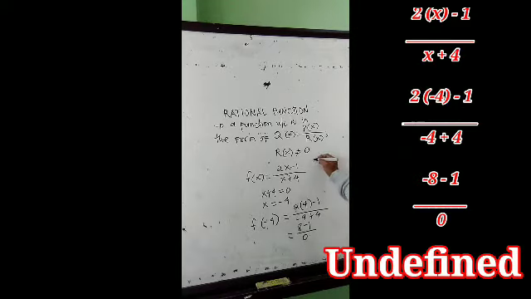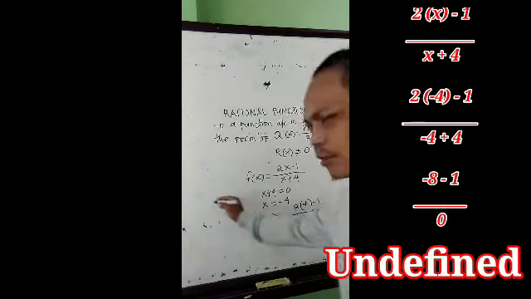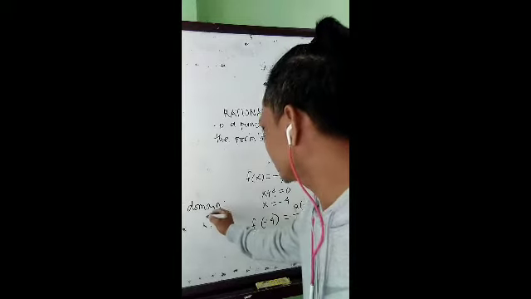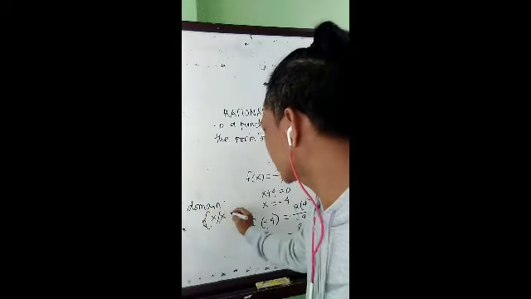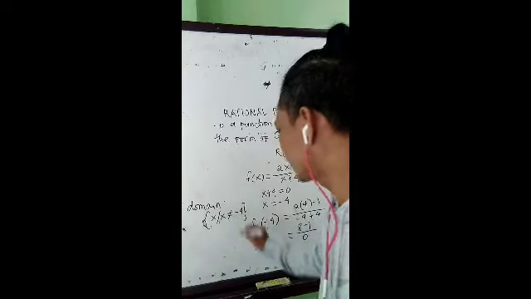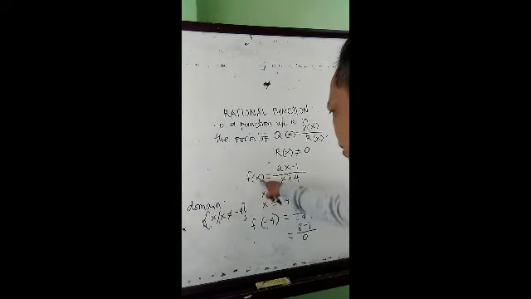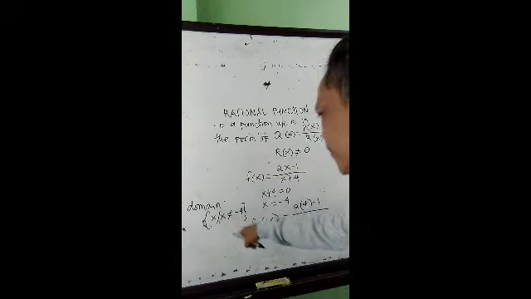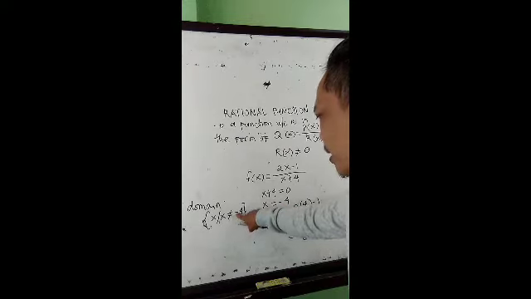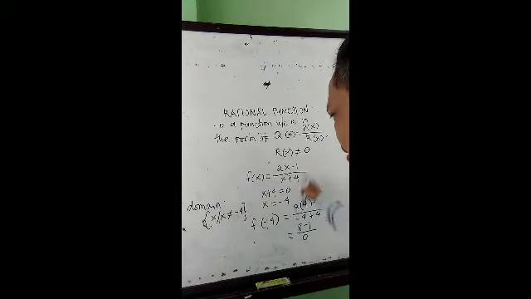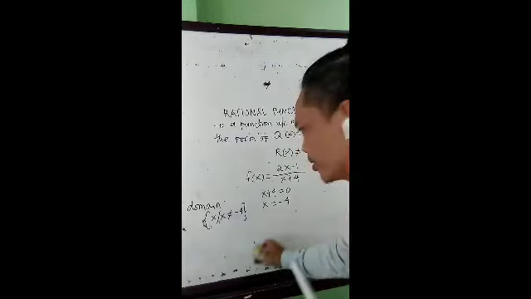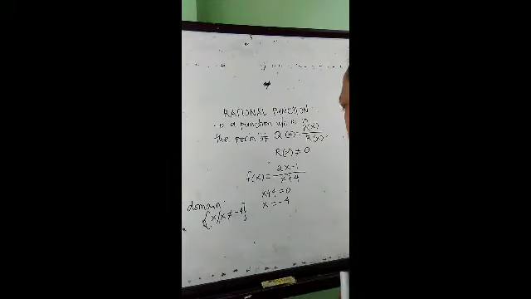Therefore, the domain of this function should be all values of x excluding negative 4, meaning all integers can be used as value of x, but not this negative 4, because if we include negative 4 as value of x, the whole function is undefined. Okay, that is your domain.